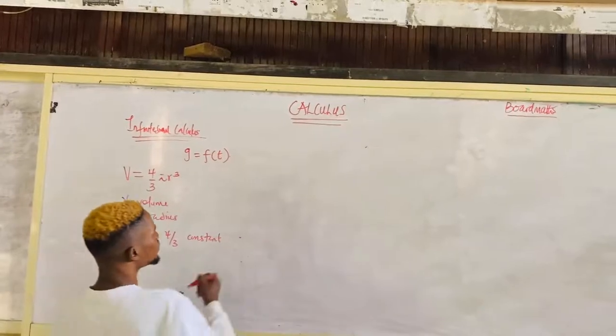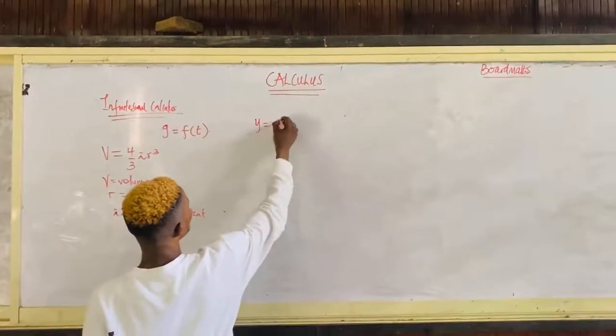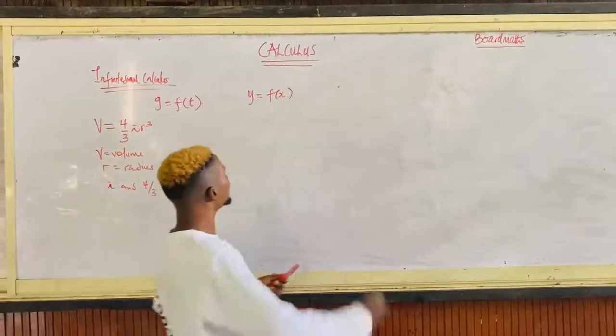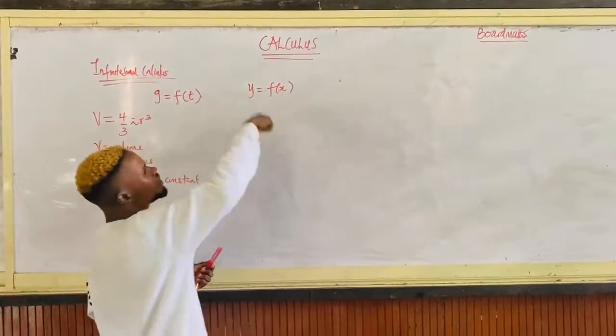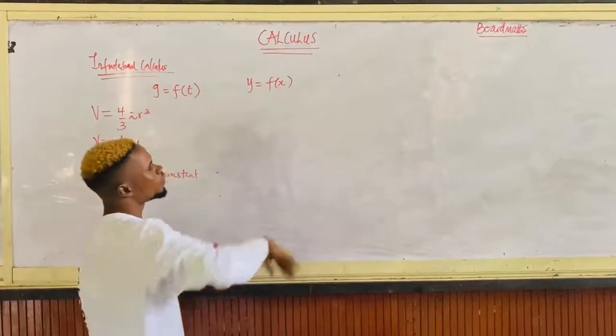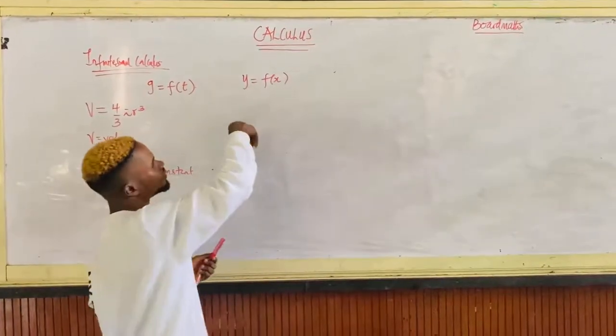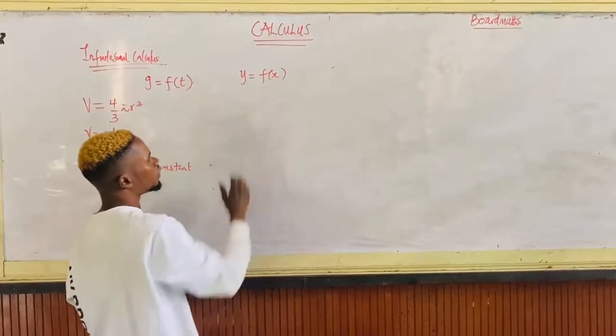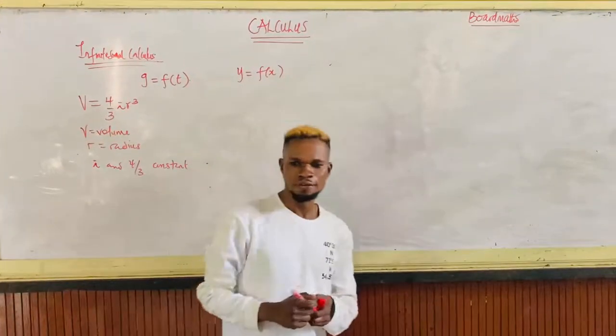Also, let's consider this y, which is a function of x. This y is called the dependent variable. It depends on x for its own value, while x is the independent variable. It does not depend on y for its own value.